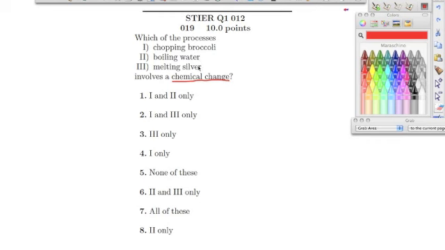If we look at number 3, melting silver, if we take silver and melt it into liquid silver, we still have silver. It hasn't changed what it is, it's just changed its state of matter. So all 3 of these are going to be physical changes. So the correct answer that we should get is none of these.